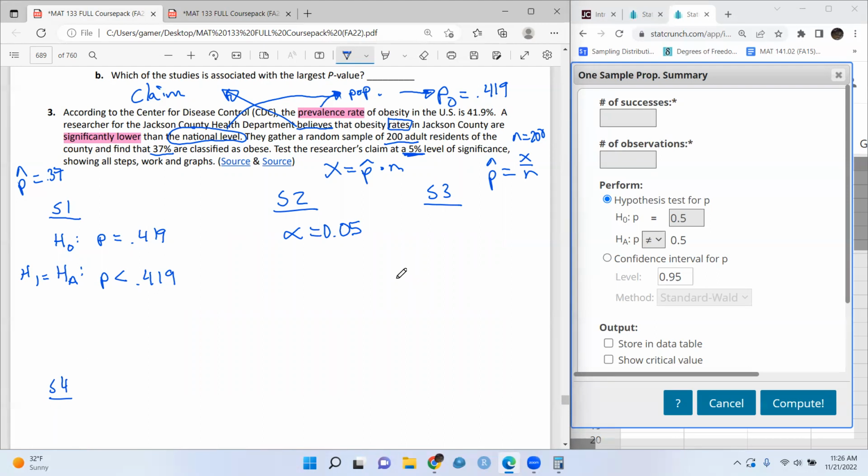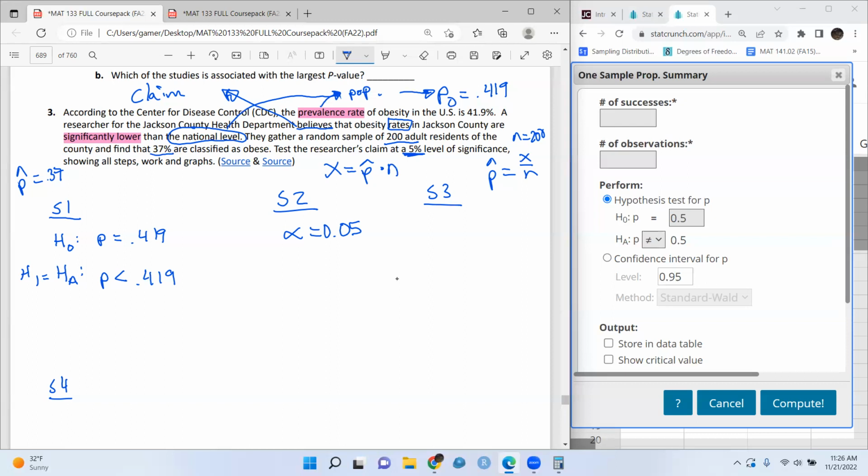It isn't an accident that our 37% is less than our 41.9%. There's something happening in Jackson County that makes the levels of obesity less than that of the nation as a whole. Maybe our health department has some sort of program that helps lower the obesity rate or whatever.